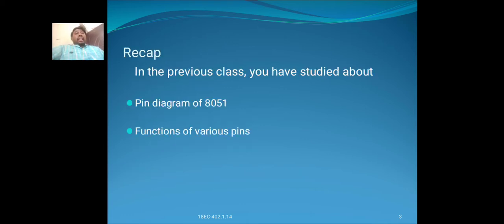In the previous class we studied the pin diagram of 8051 and the functions of various pins, and in the earlier classes we discussed the features of 8051 microcontroller.